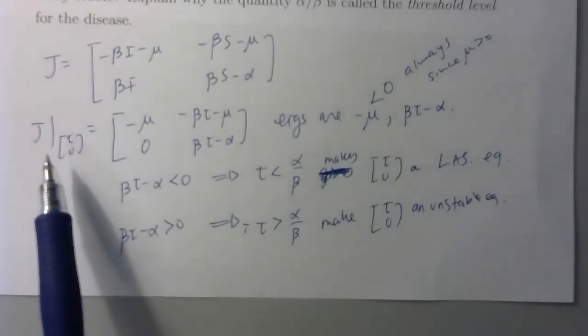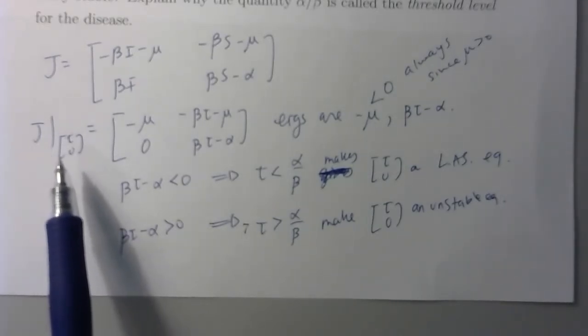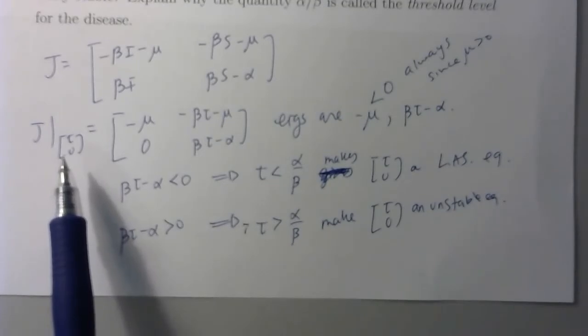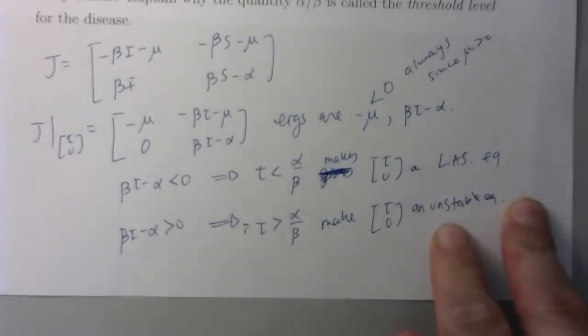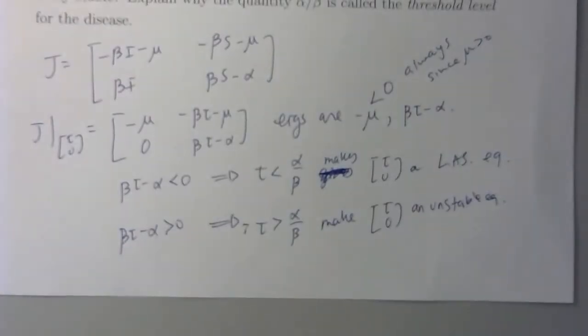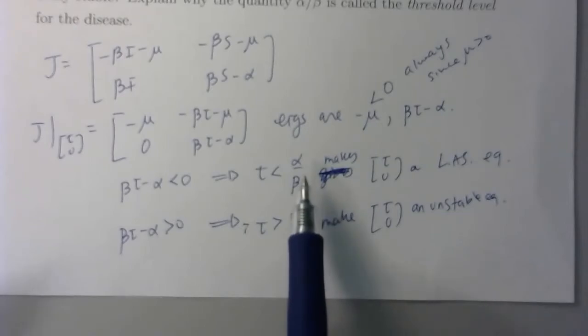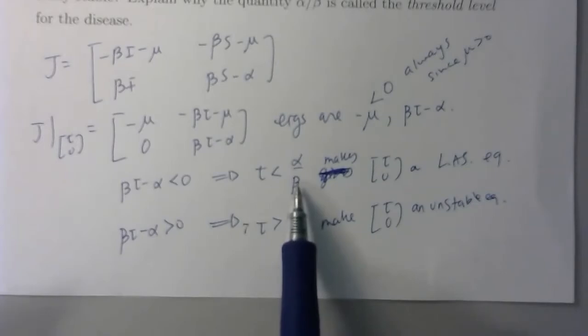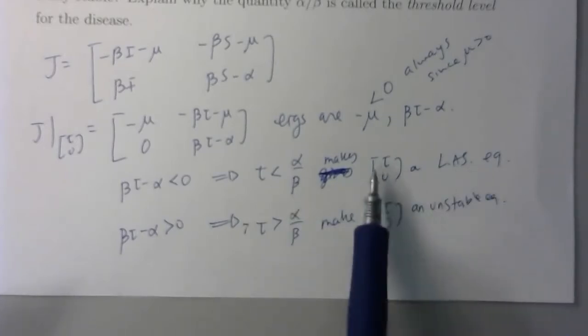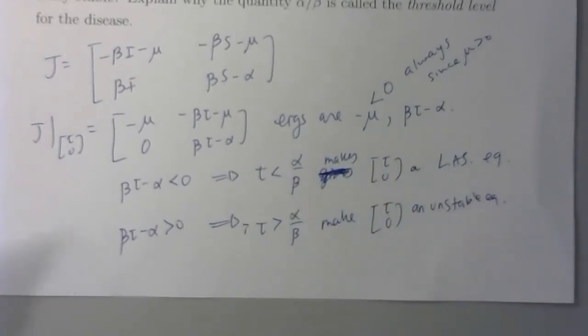And so if we think back to what alpha and beta mean, let's go back here. Alpha was like a recovery parameter, beta is like an infection parameter. So if alpha over beta is large, if you're recovering way, way faster than you're getting infected, then this may actually be a locally asymptotically stable equilibrium.